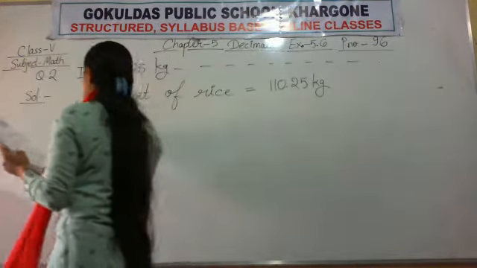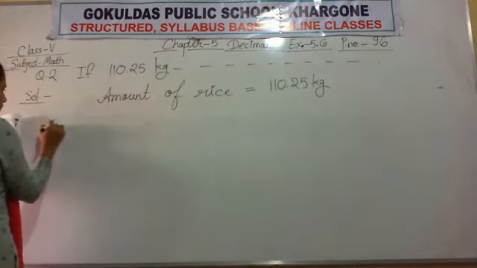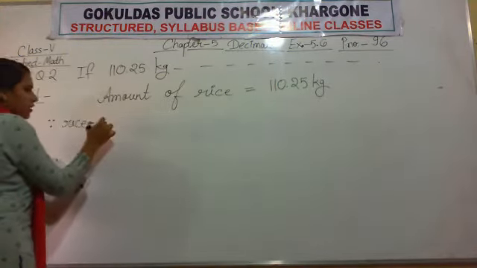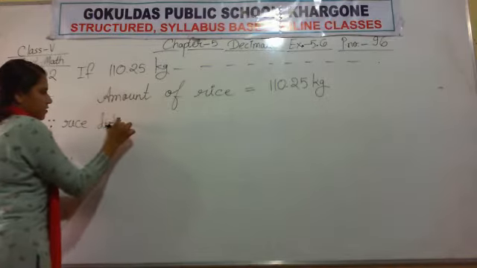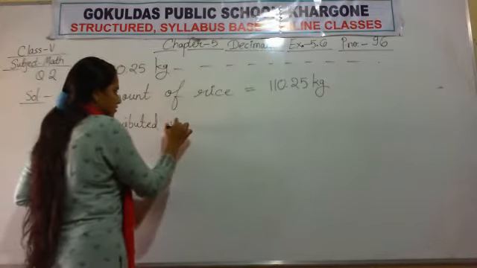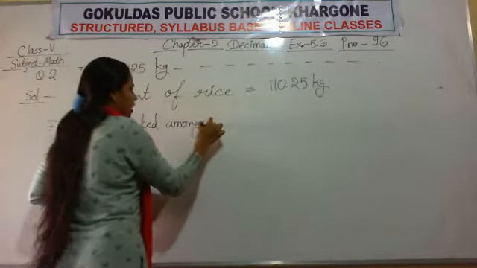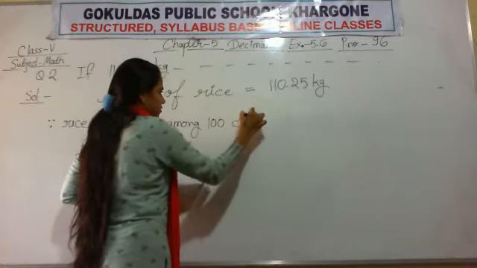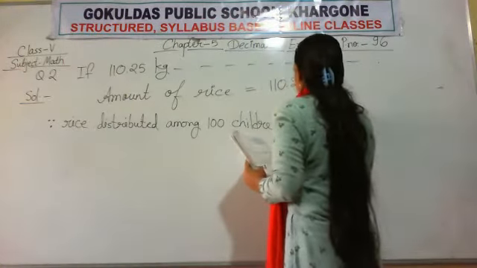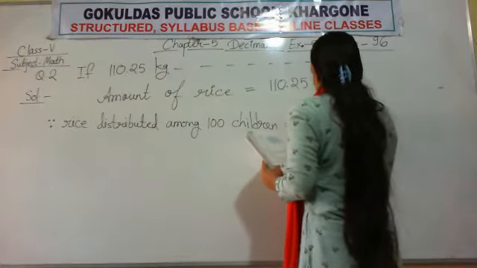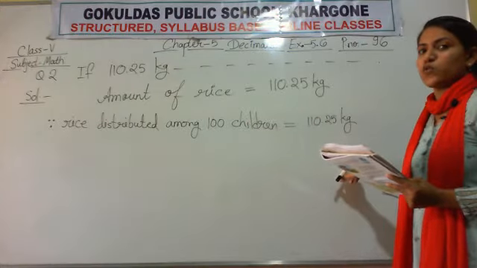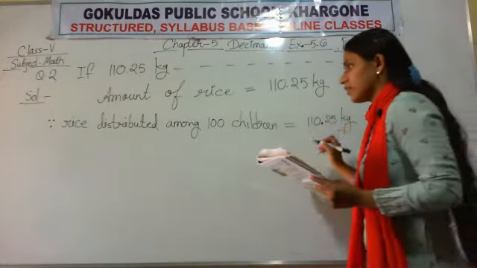Since rice distributed among 100 children is equal to 110.25 kg. Rice distributed among 100 children is equal to 110.25 kg.